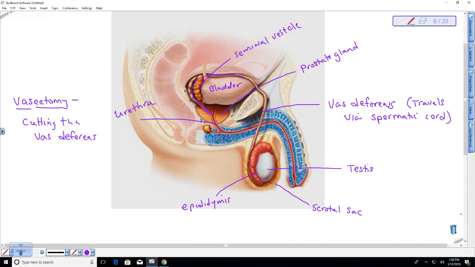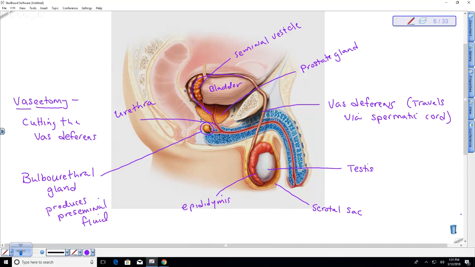So there's one more gland here that we didn't talk about, and that's this structure right here. And this is called the bulbourethral gland. So the bulbourethral gland produces pre-seminal fluid. Okay.